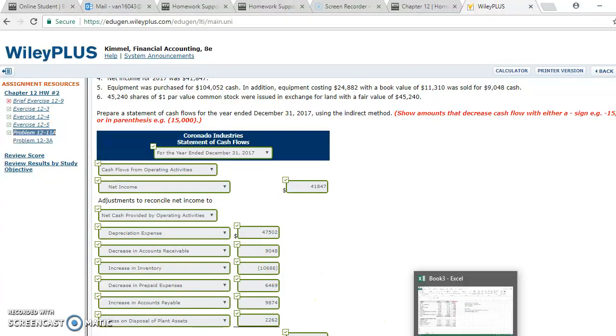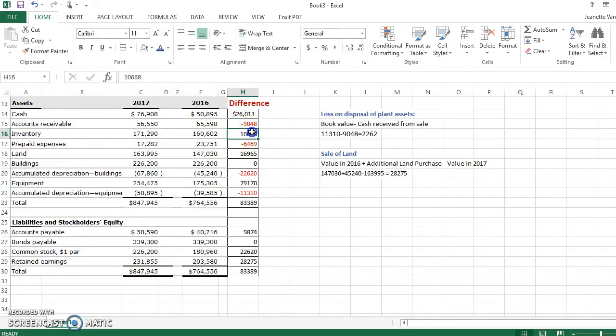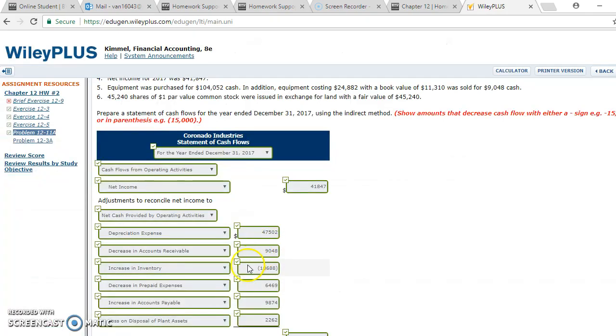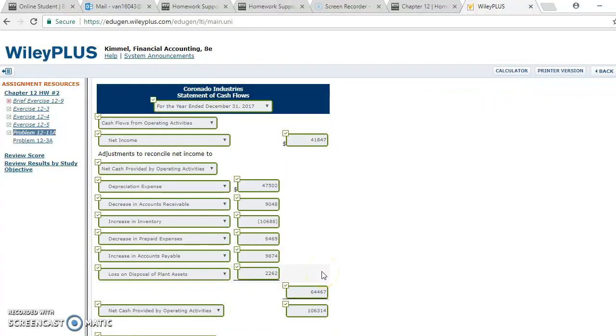Again, it was a positive number here, but we need to remember the normal balance of these accounts. So for inventory, that is going to be input as a negative number, because it was an increase in inventory, we paid out more money. So we ended up actually crediting cash when we purchased that product. That's why this becomes a negative number.